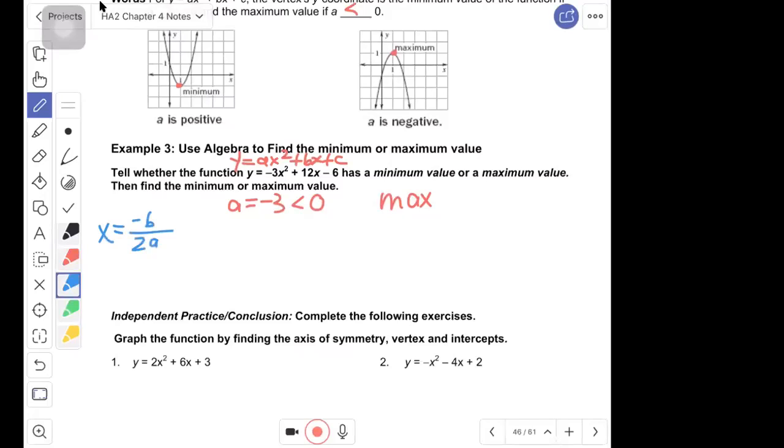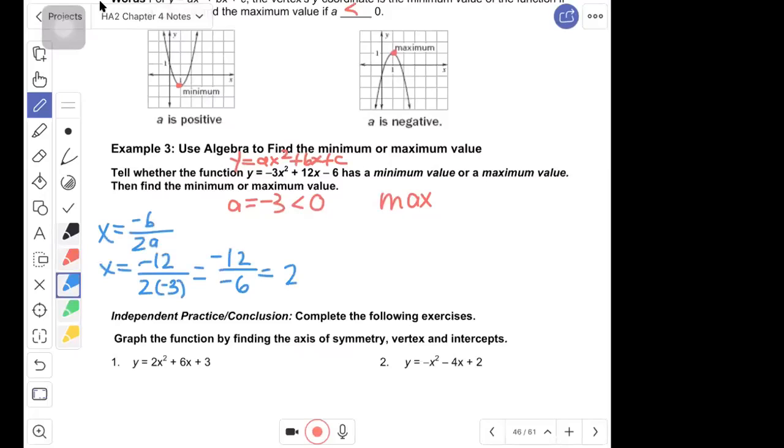Awesome. So we have x equals negative 12 over 2 times negative 3. So we get negative 12 over negative 6, which gives us 2. Now, Jaden, what are we doing with this x equals 2?